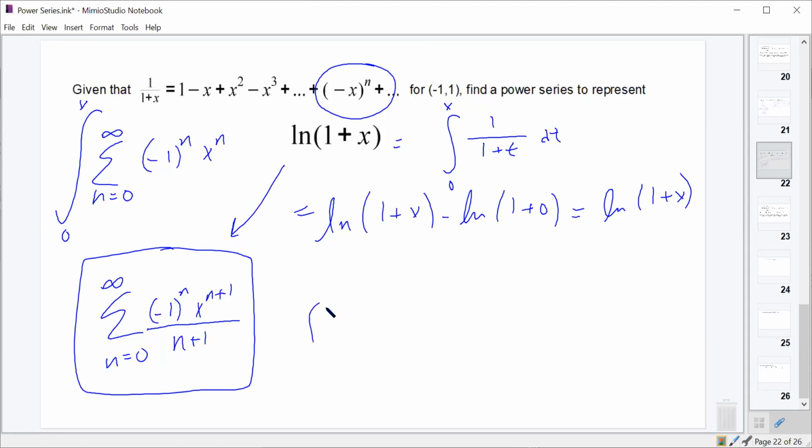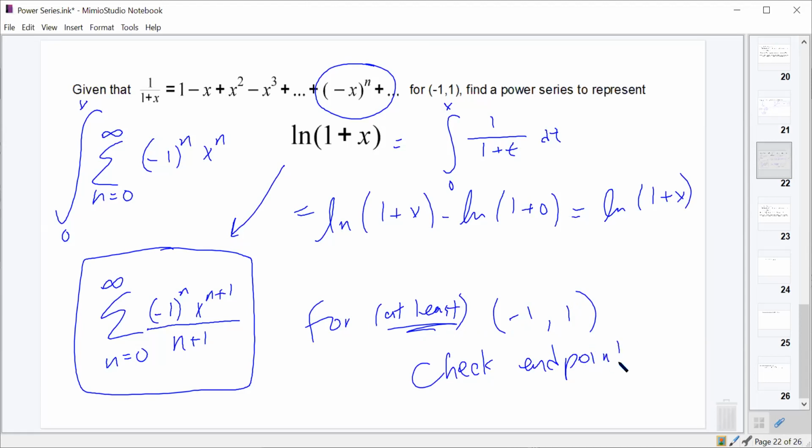And we will say that this is valid also for negative 1 to 1. And I've left this giant gap here. When you integrate, it is good for at least the same interval. But what we will eventually need to learn to do is to check the endpoints.